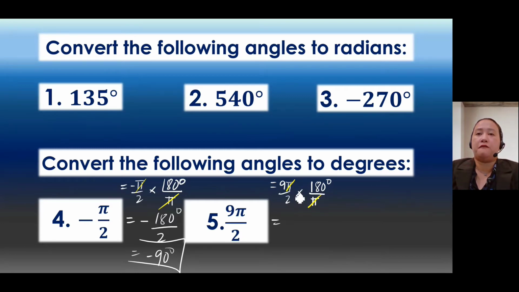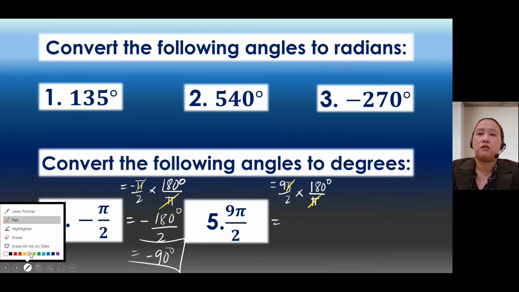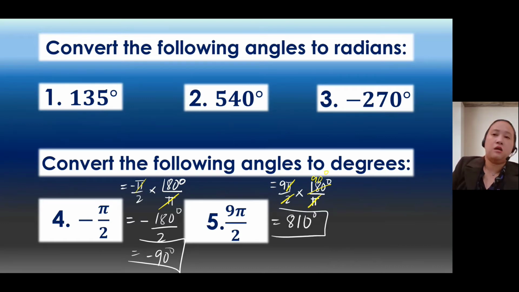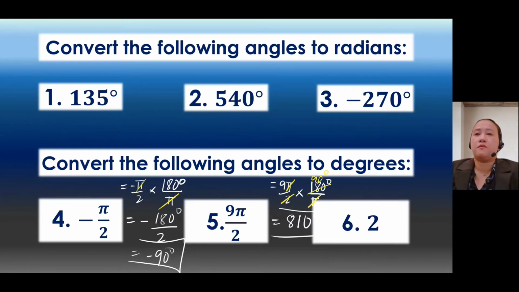Then we can also cancel this portion, 2 and 180 degrees, so that will become 90 degrees. So 9 times 90, we have 810 degrees. That is 810 degrees.